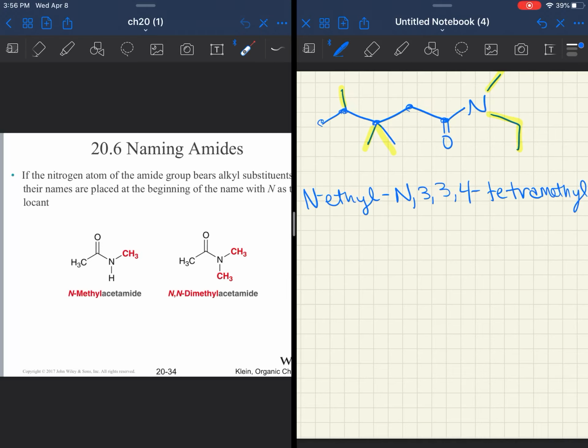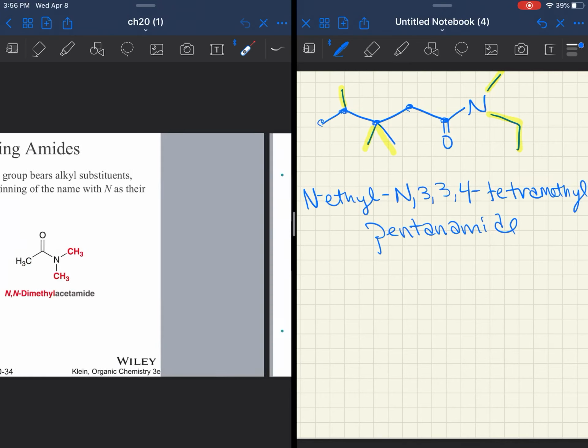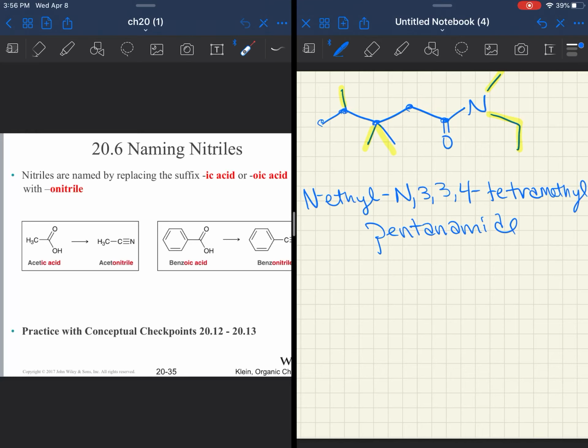And there is a methyl on carbon 4. It is a tetramethyl compound. And then the parent is, of course, pentanamide. All right, so N-ethyl-N,3,3,4-tetramethylpentanamide.